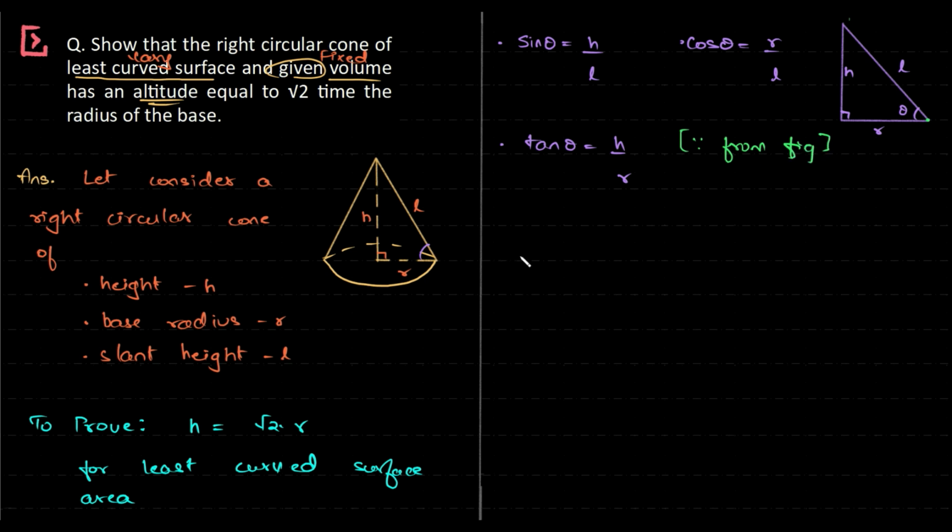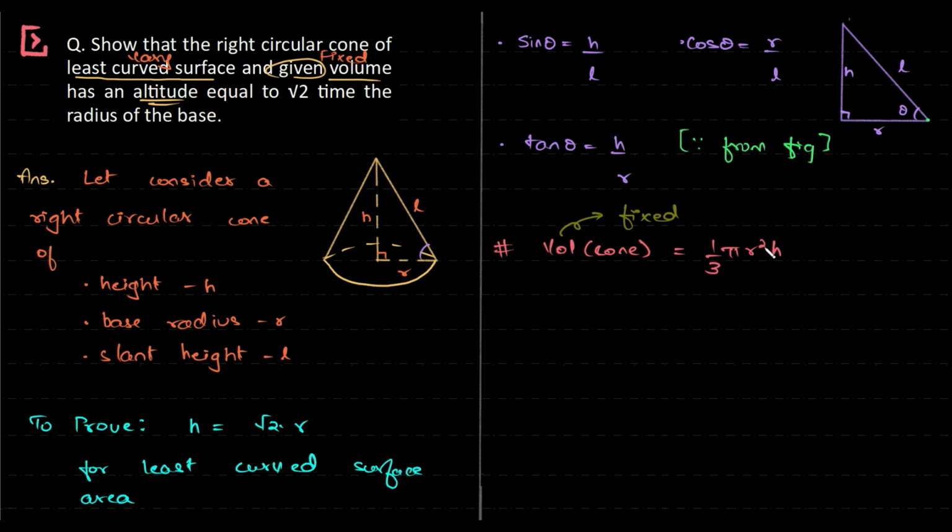Now let's start off with the volume of the cone. Let's express it in terms of theta and r only. Remember, this is fixed. This is not going to vary.